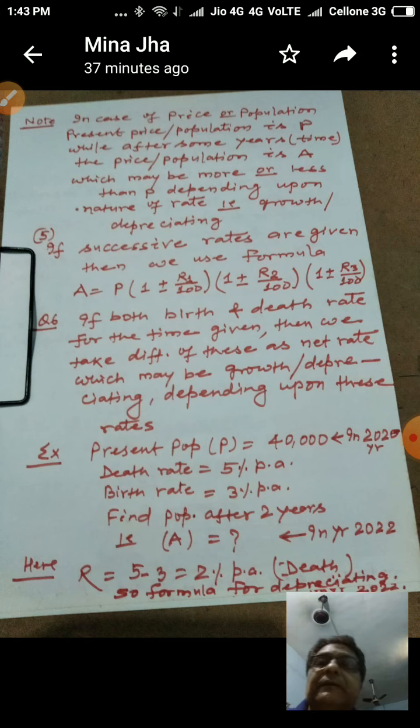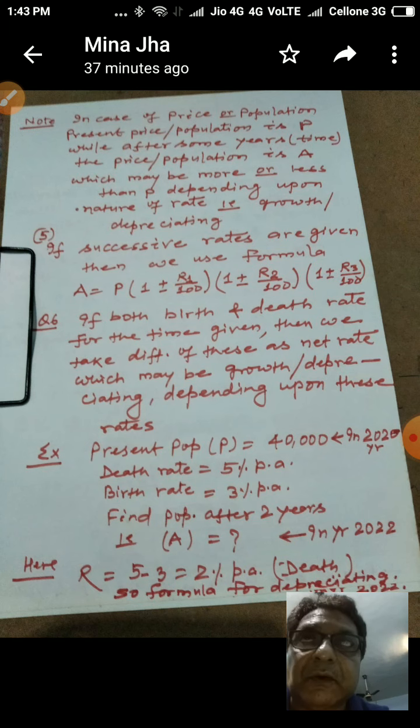Ups and downs means in the first year you have got 10% profit, while in the second year you have got 5% loss. In the third year again you have got 15% loss, and it is now asked that after 3 years, if you want to know what is your present status of capital, आपकी पूंजी अब कितनी है 3 साल के बाद.